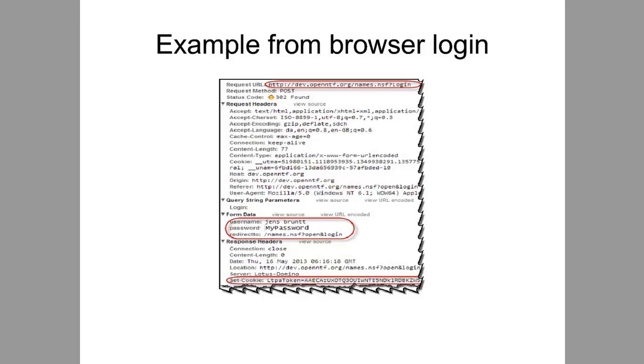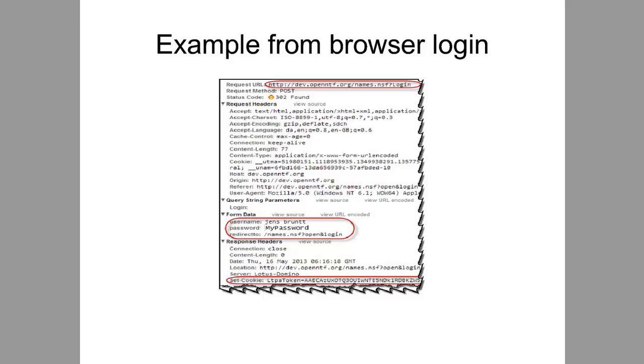There it is. This is a screen dump from a successful login, where you can see that I posted some information, a password and my username, and the Domino server responded with a Set-Cookie HTTP header containing the LTPA token.